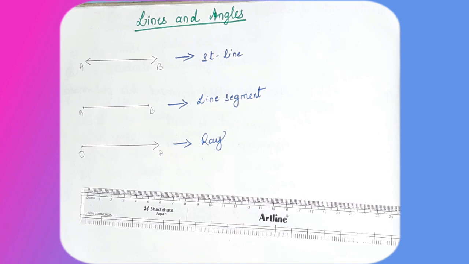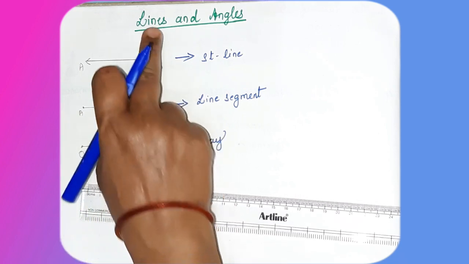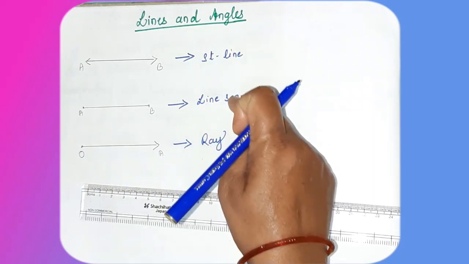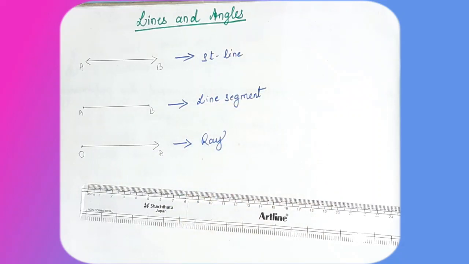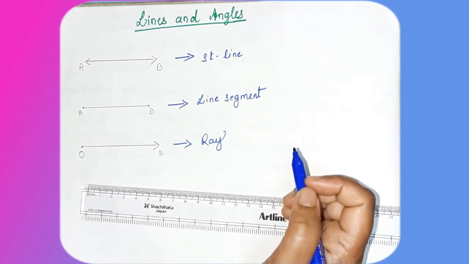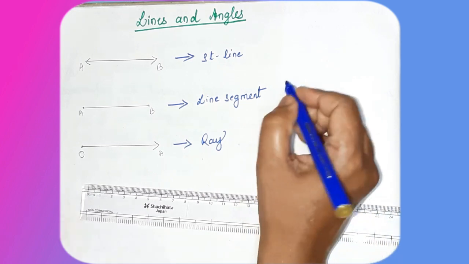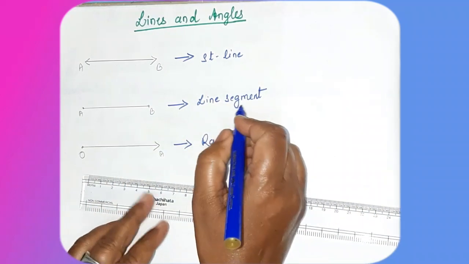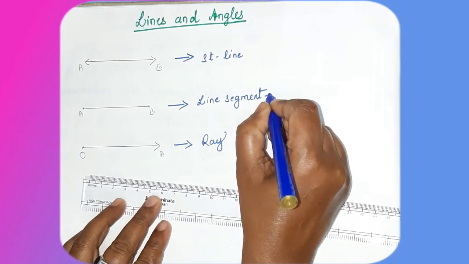You also have to draw in the fair note, first the heading, and like this you have to draw these three lines. And then some points I am going to mark for you. Line segment has two end points. Here you have to write, this is line segment, give one small dash.